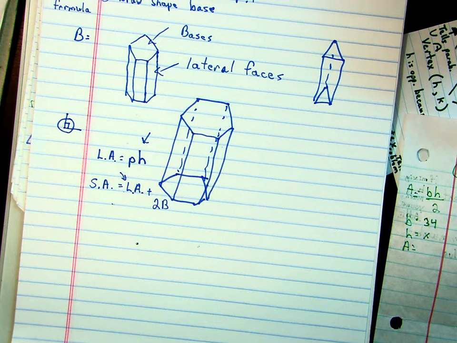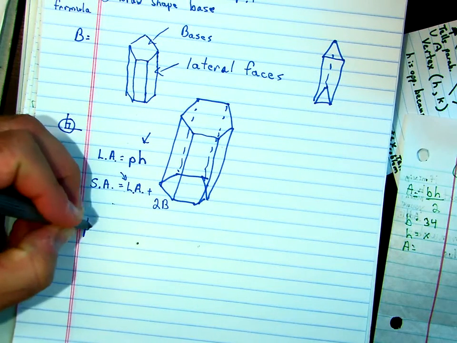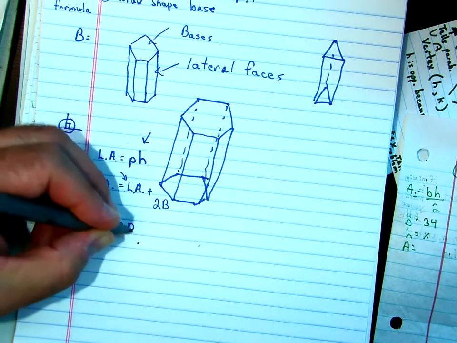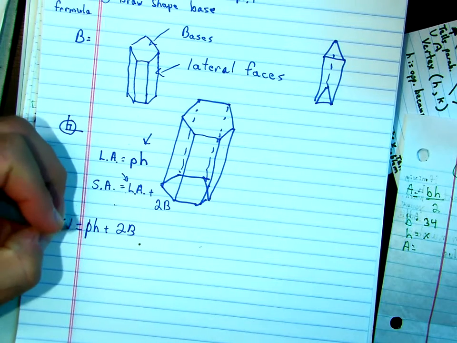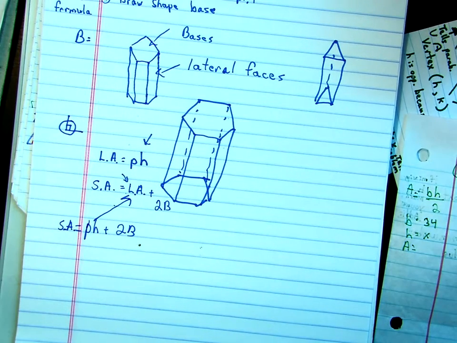They give you the lateral area formula, they put it in there, but they don't tell you it's lateral area. They just have perimeter times h. They have pH. So on your reference sheet, it looks like this: pH plus 2B. And you're supposed to know that this first section is that. They are the same. They don't tell you. You're supposed to know it.